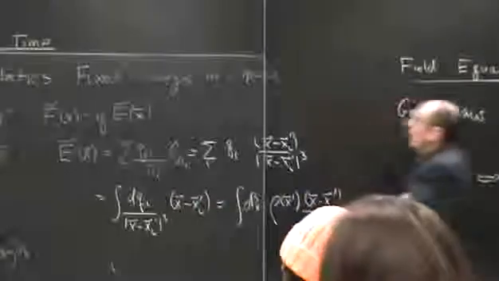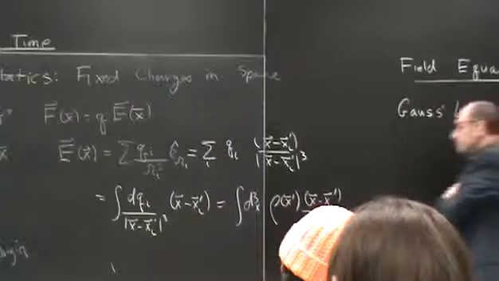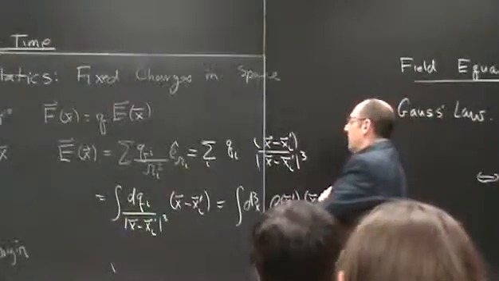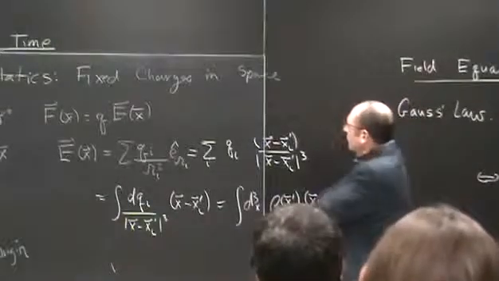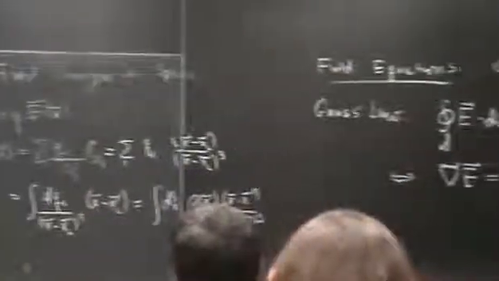And from the principle of superposition, we can think about that in terms of a sum over the discrete charges, or more generally as an integral over the charge distribution, the charge density.